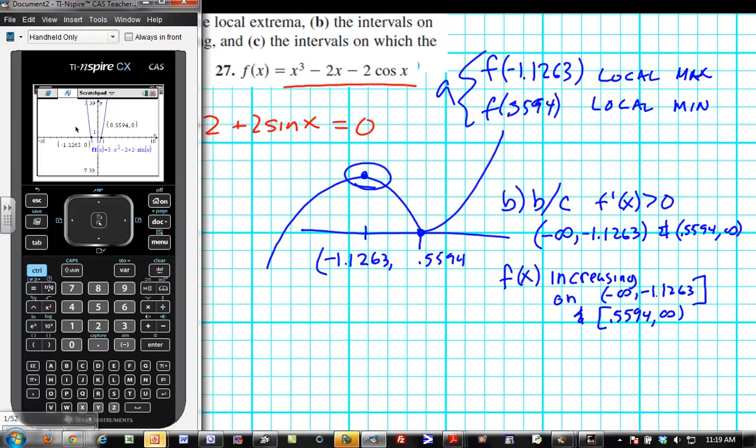And then I have to do part C as well. And it's the same idea.